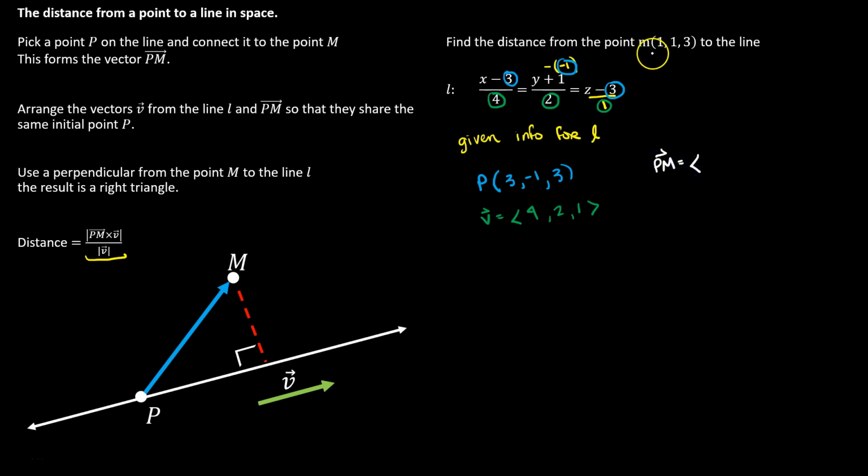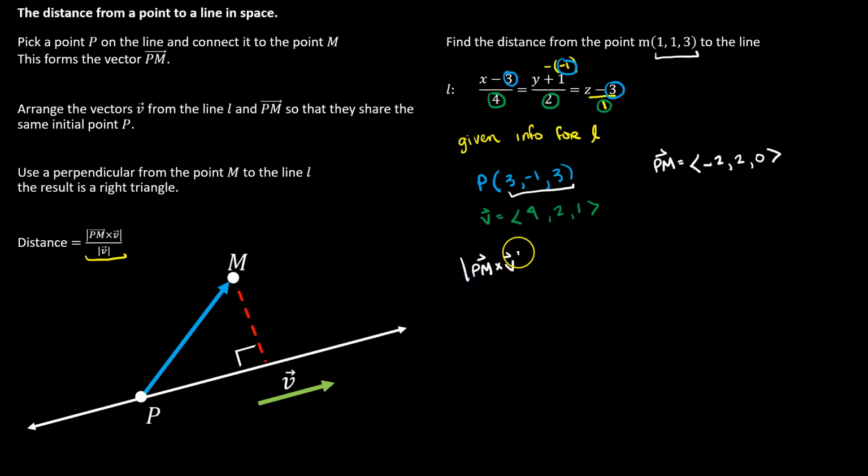M is the terminal point, P is the initial point, so doing our vector subtraction, we get -2, +2, 0 for pm. We have the vector v, so we can calculate the cross product there.